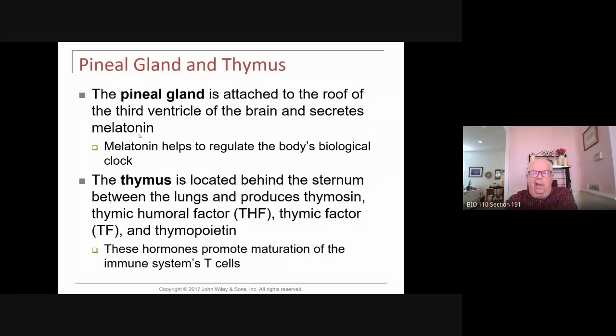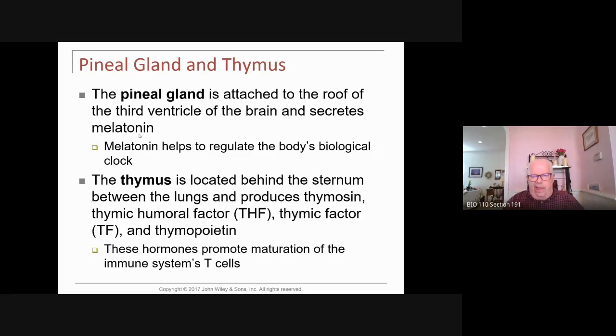Some minor endocrine glands. One is the pineal. The pineal gland, if you remember from AP1, is located in the 3rd ventricle of your brain and secretes the hormone melatonin. Melatonin helps regulate your biological clock. You know when to sleep. You know when to wake up because of melatonin from the pineal gland.